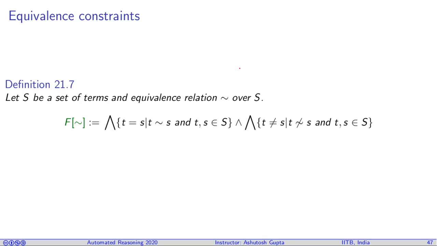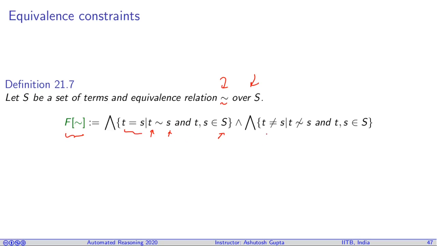The trick is this: we need to know all the common symbols, let's say S, and which of them are equal to each other and which are not equal to each other. Suppose I have an equivalence relation over S. The formula corresponding to the equivalence relation says that if two terms t and s occurring in S are equivalent, then t equals s in the formula.